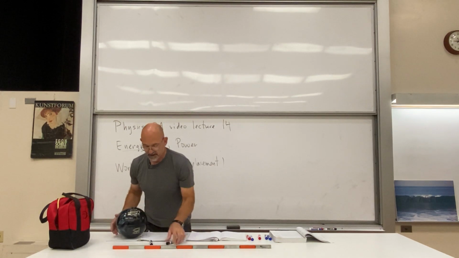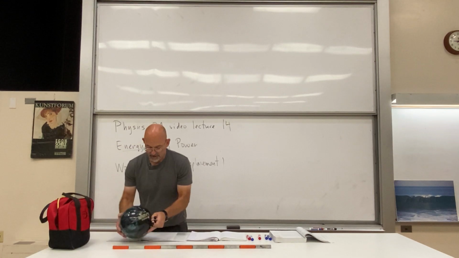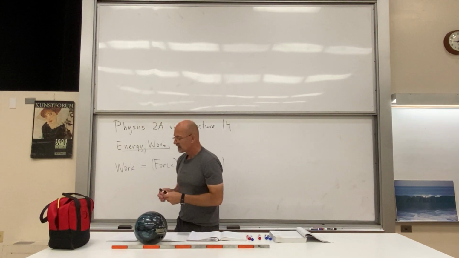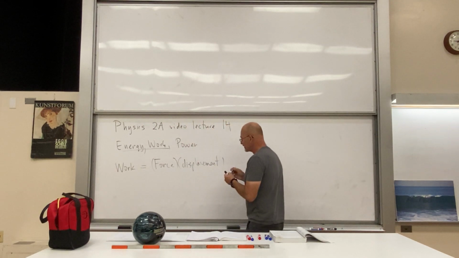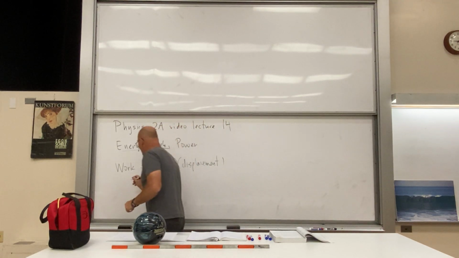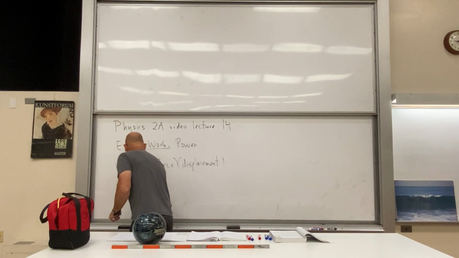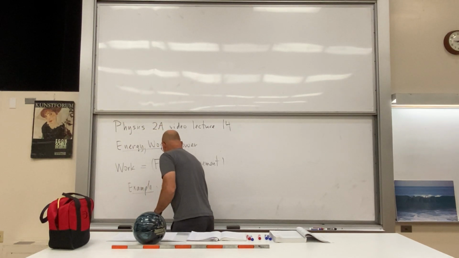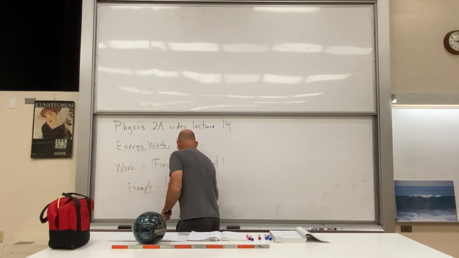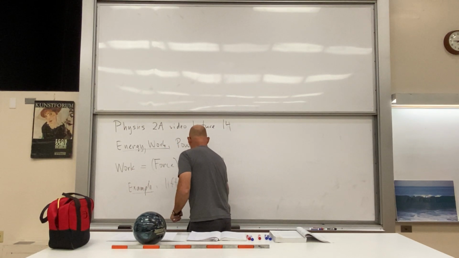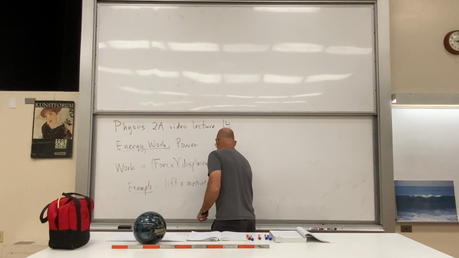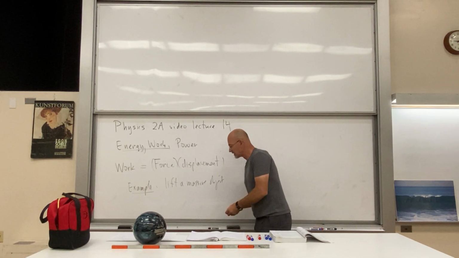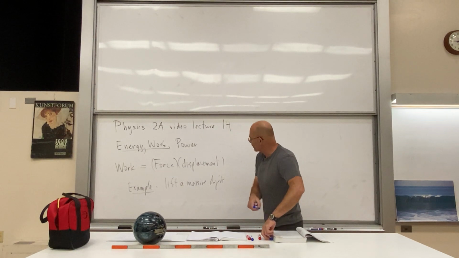Okay. Let's go ahead and fill in a little bit with that definition there. So work is force times displacement. Example is to lift a massive object. And now we can become a little more technical with this.